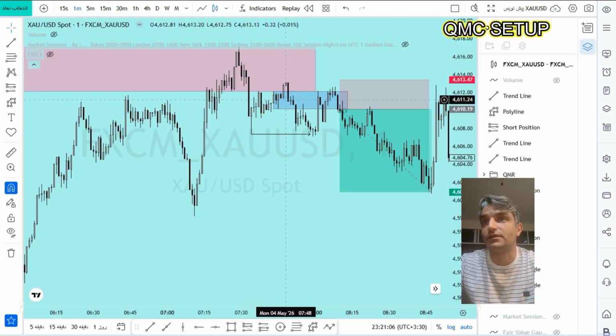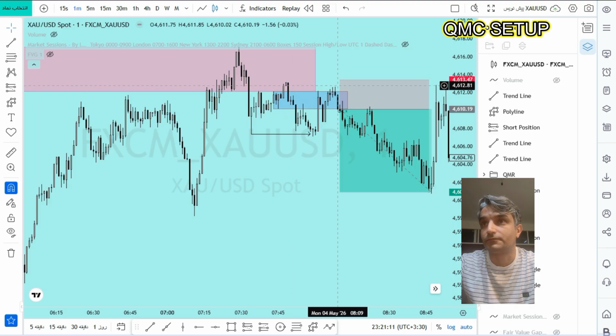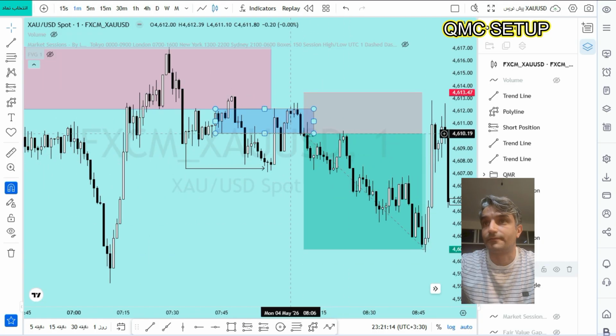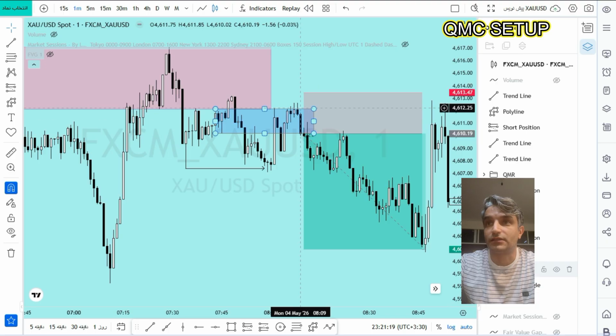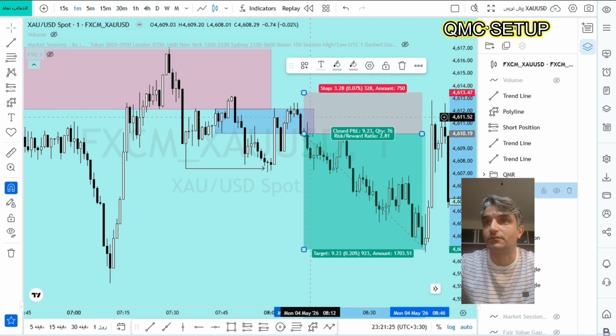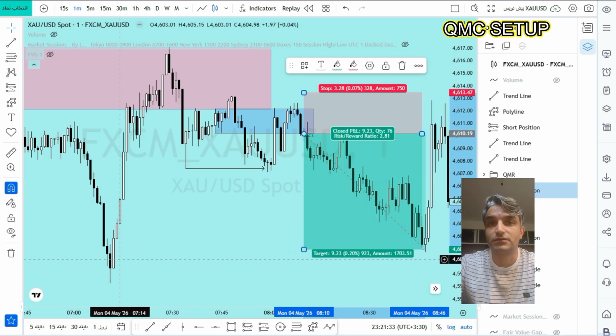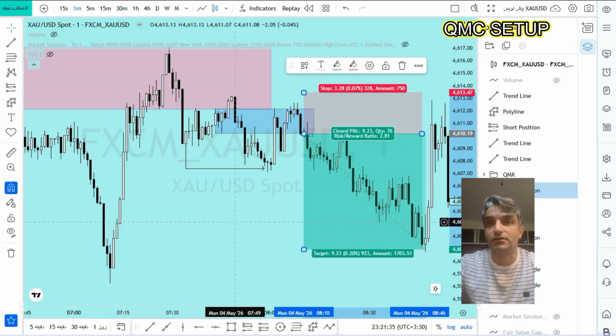As you see, there is an unmitigated order block, and we're waiting for an engulfing candle. After this candle, we enter the market, put our stop loss above this area, and our first target is this area.